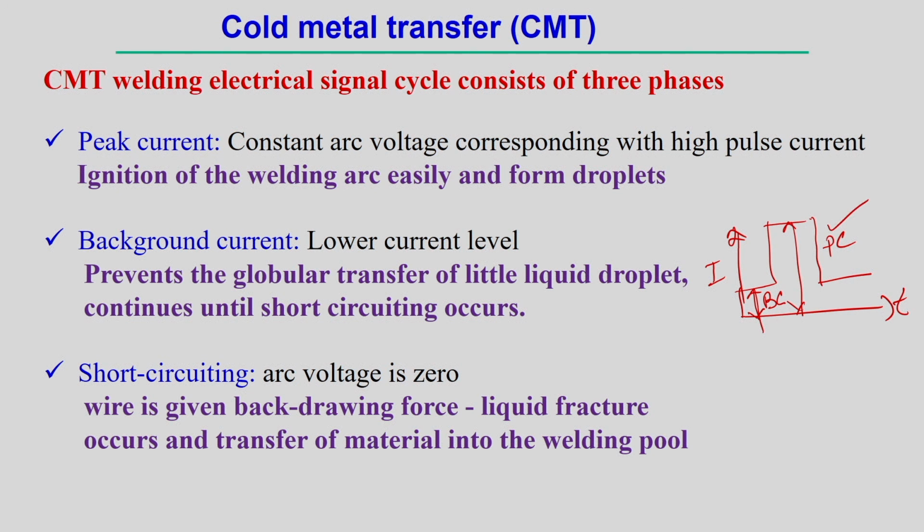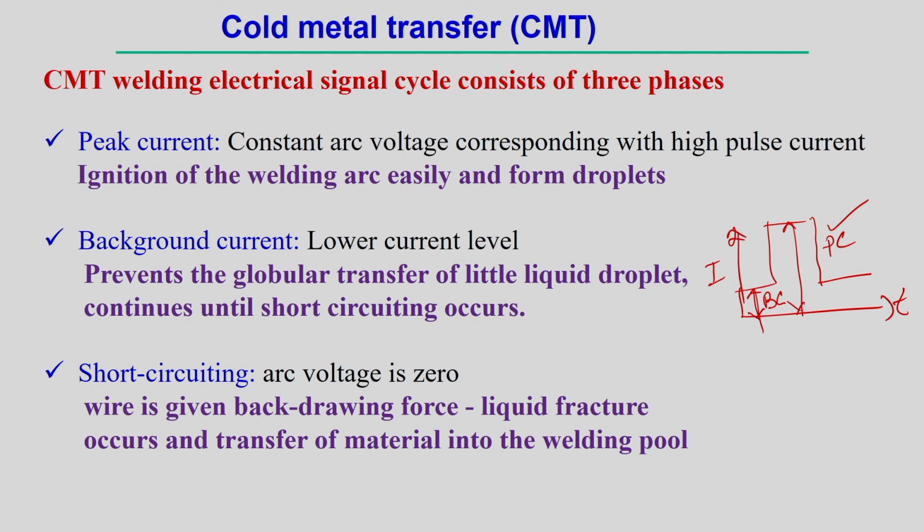Now, how does the lower background current level work? Because the current level is low, it prevents the metal transfer from taking a globular form. Rather, it can create a particular size of droplet depending upon the chosen parameters. So it avoids globular metal transfer when the background current is low.